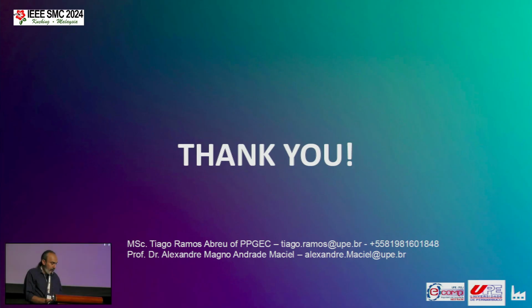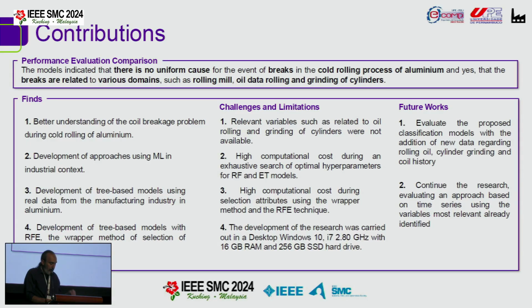Some findings we found here are: better understanding of the coil breakage problem during cold rolling of aluminum, development of approaches using ML in industrial contexts, development of tree-based models using real data from the aluminum manufacturing industry, and development of tree-based models with RFE, the wrapper method of attribute selection.